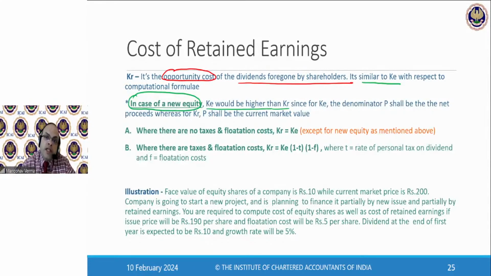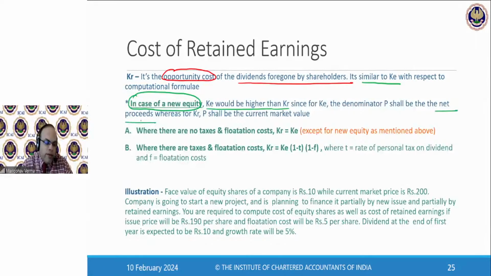But cost of equity, especially of a new equity, would be with respect to the amount that is being issued, and some form of flotation cost may have been incurred. So basically what we are trying to say here is that P would represent the net proceeds.